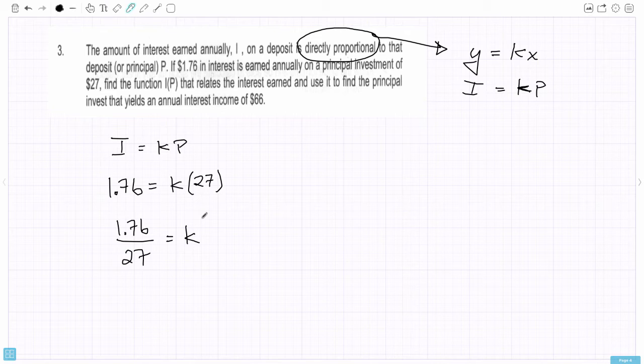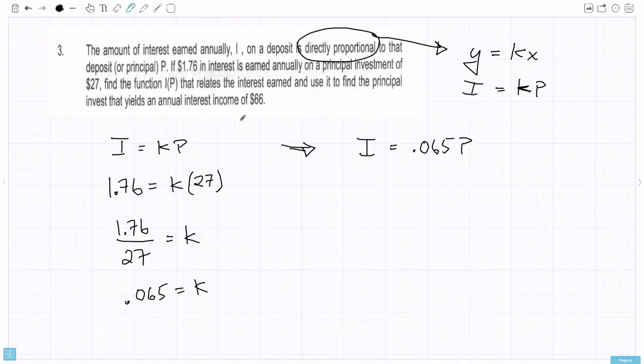1.76 divided by 27 is roughly 0.065. So 0.065 is k. We just round off to 0.065, and now I can take the model and write the constant in there. The model relates interest and principal with this direct constant of proportionality.